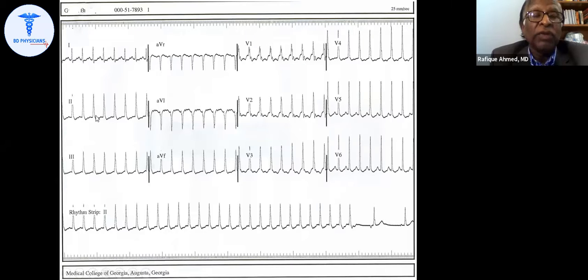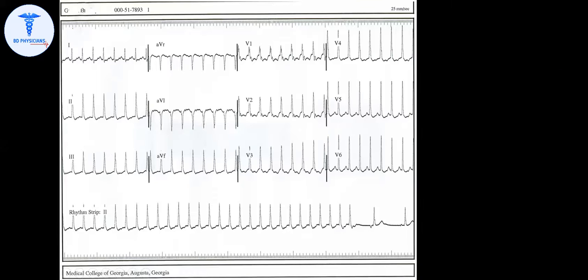So is it RP longer than PR? Yes, sir. So what is your diagnosis? AVNRT with right bundle block. Clinical diagnosis SVT with aberrancy.